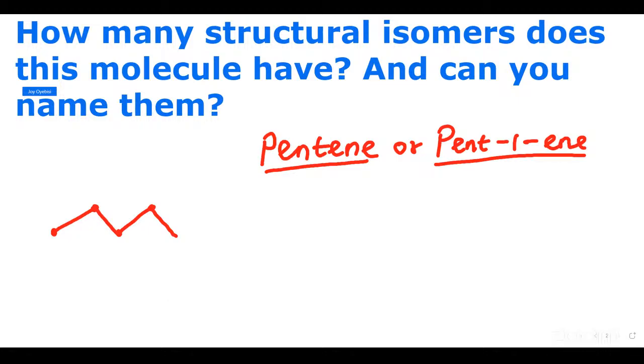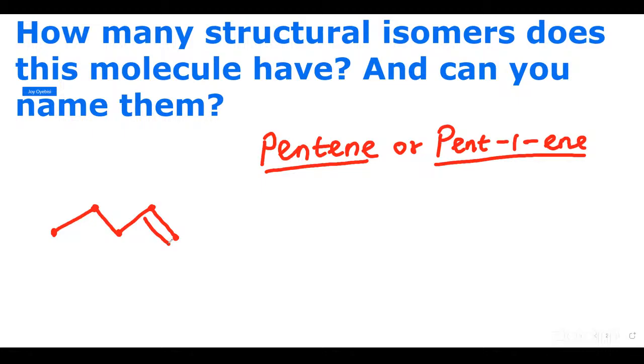On carbon 1, it can be this carbon here or this carbon. If you start here, that means here becomes your 1, and then you count backward. If you start here, this becomes your 1, you go this way. So let me start from here because I want to make it known that it's possible to put it here instead of there. Remember the ENE represents a double bond. So when it says pent-1-ene, it means the double bond is on carbon 1, between 1 and 2. So that will be your pent-1-ene.